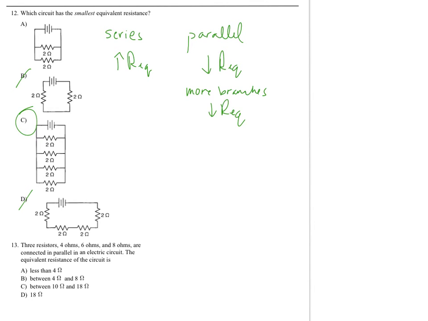The equivalent resistance is, all right, parallel. That means we're dealing with this. We're adding up the fractions. If you want to plug and chug into the calculator, be my guest. This is how it would look in the calculator.